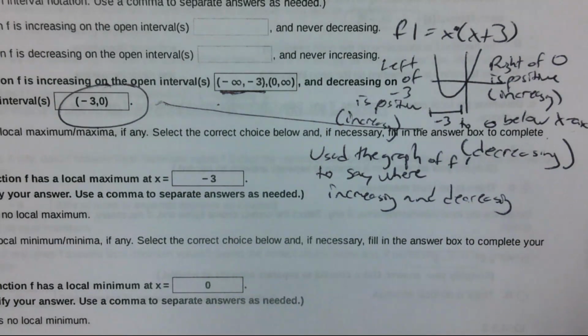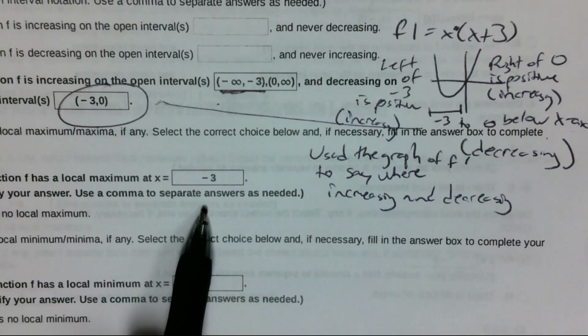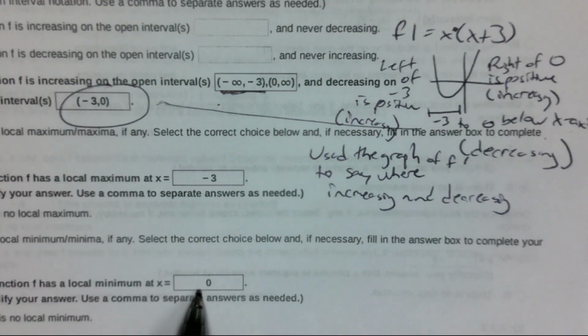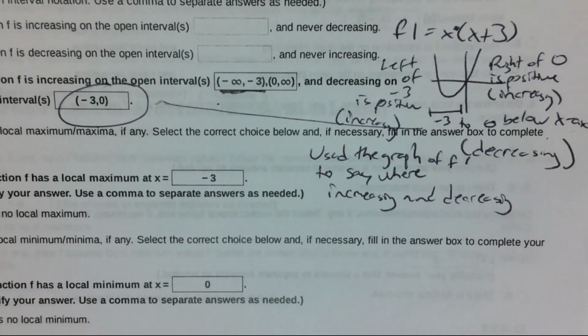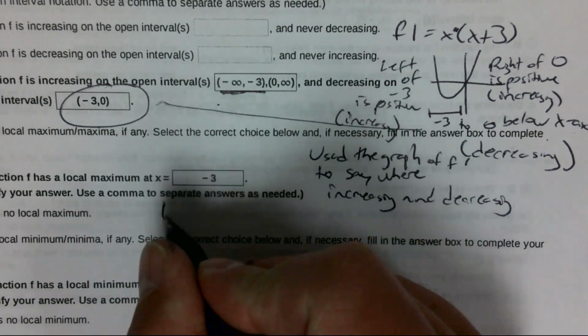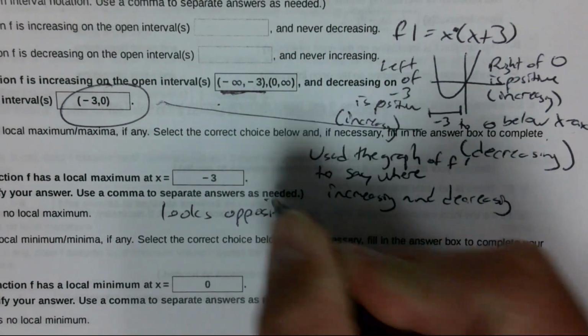Now the maximum is at negative 3 and the minimum is at 0. Now that looks the opposite of the f prime graph.